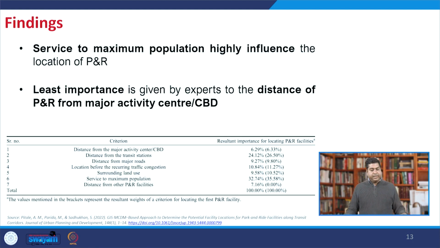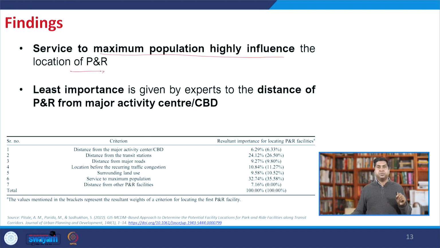Now, coming to the findings. Here what we have observed, based on the AHP analysis where we used the expert survey, is that service to maximum population highly influences the location of PNR.